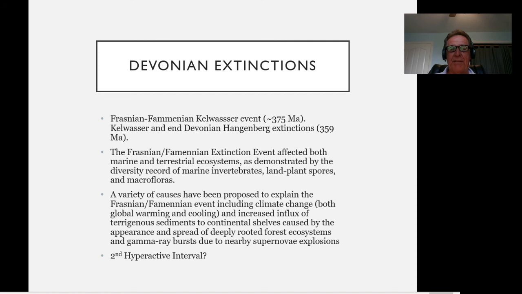An increased influx of terrigenous sediments to the continental shelf caused by the appearance and spread of deeply rooted forest ecosystems. So think about that. Remember, we've got this ocean closing up. We have Euramerica forming. Well, Euramerica formed because oceans closed. So we're beginning to lose shallow marine environments. That makes sense, right? We're closing oceans, we're losing that environment.